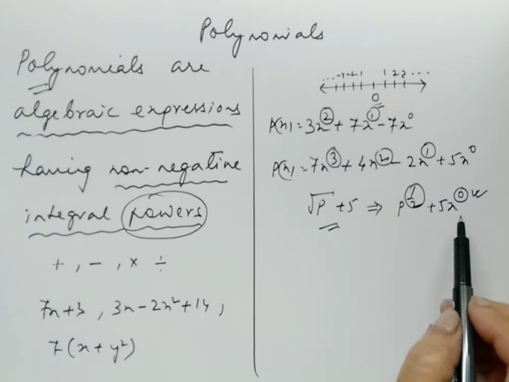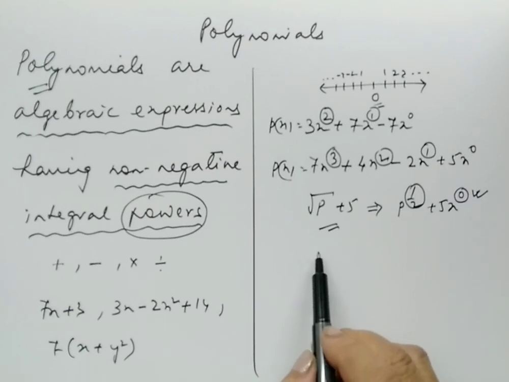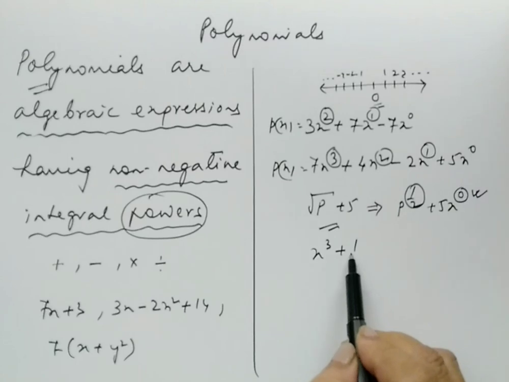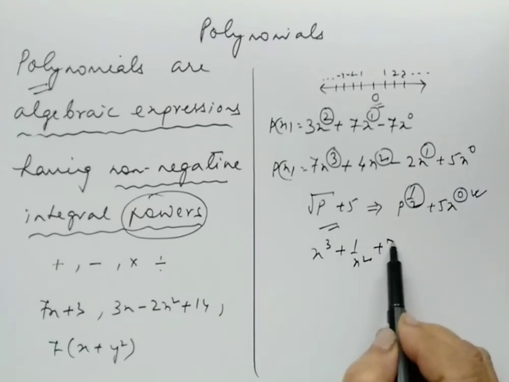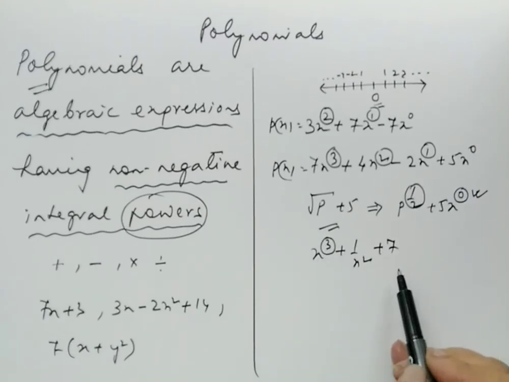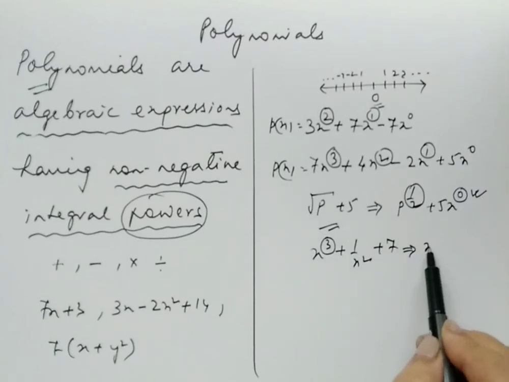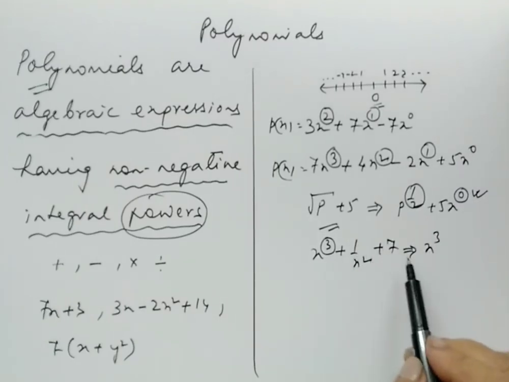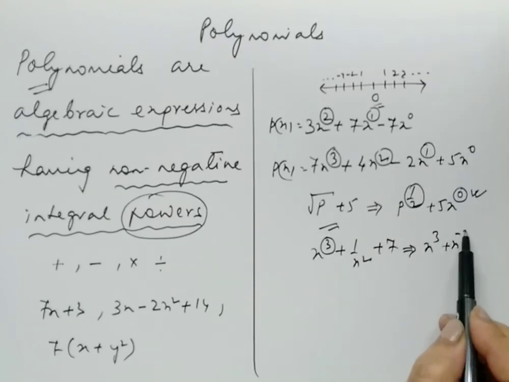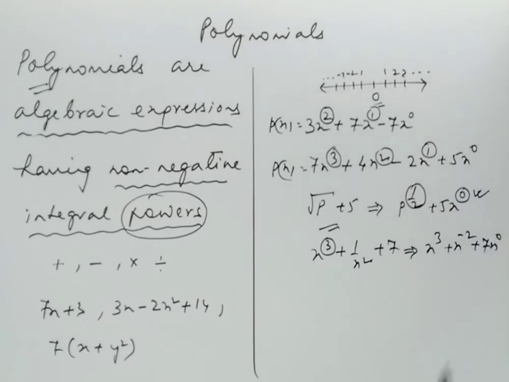If I were to give another example, say x cube plus 1 by x square plus 7. Here we have 3. But what about this? When we simplify, this becomes x to the power 3, plus x to the power minus 2, and 7x to the power 0.